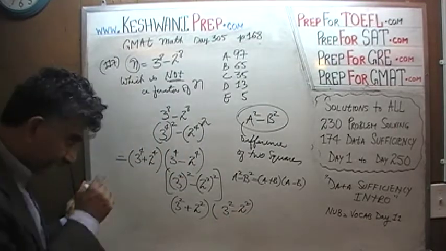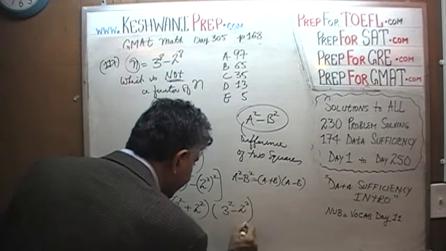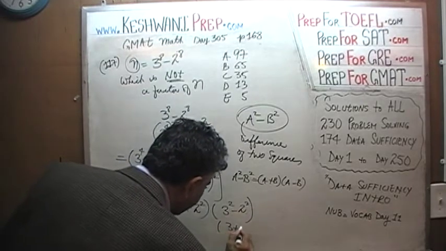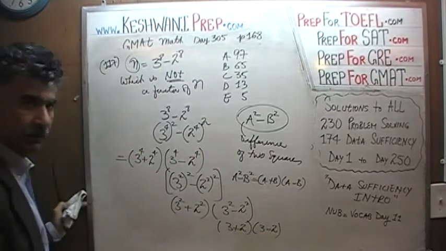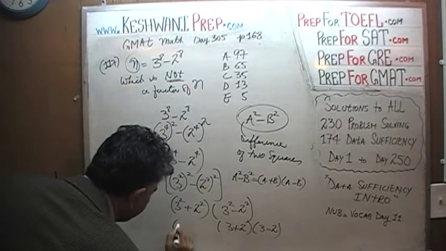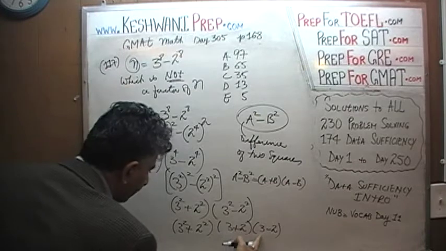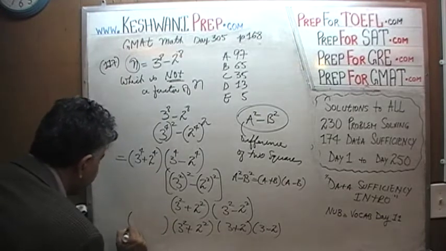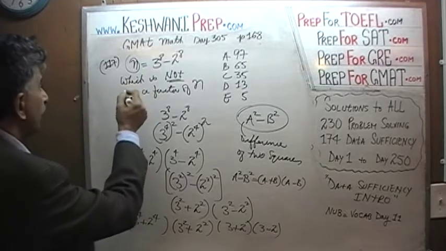And the last quantity, 3 squared minus 2 squared, can be further broken up into 3 plus 2 times 3 minus 2. That's it, we're done. So this entire quantity is written as 3 squared plus 2 squared times 3 plus 2 times 3 minus 2 times 3 to the 4th plus 2 to the 4th. And that is our quantity n.